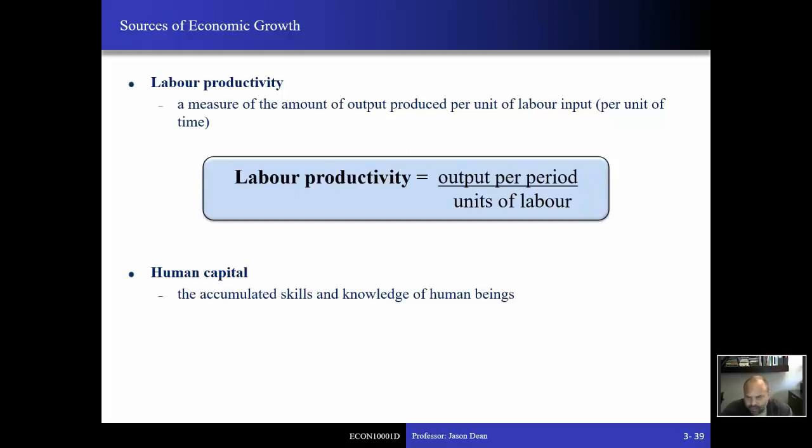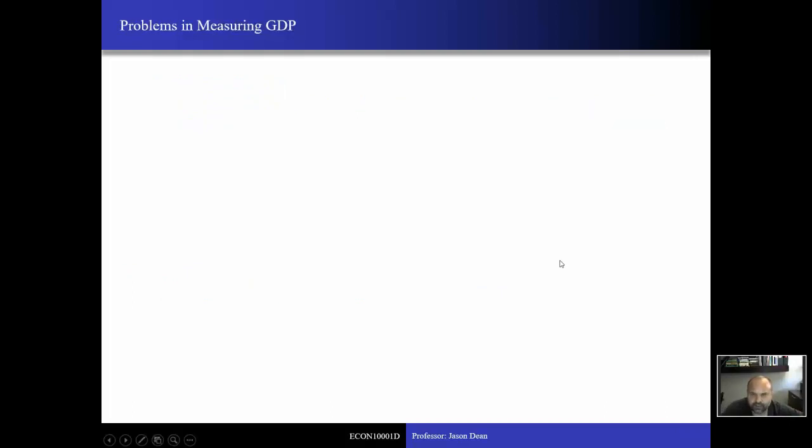What is really important in terms of labor productivity, education and skills, and of course technology is important as well. So anything that enables us to make more stuff per person is obviously going to increase our real GDP per capita and hence our standard of living.